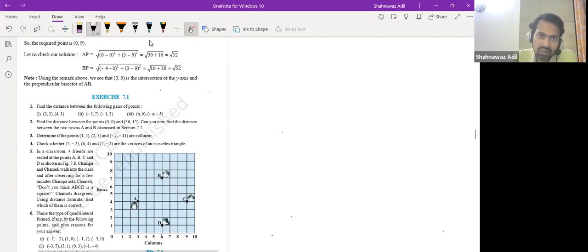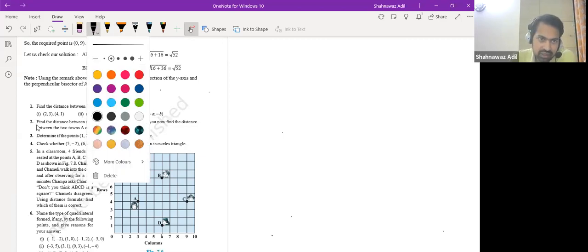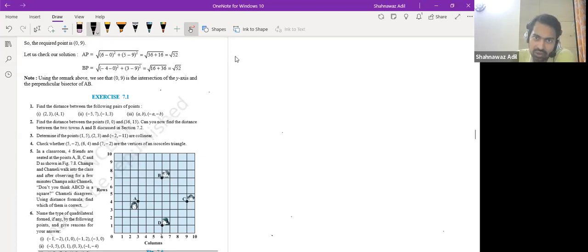Okay, so now let us do the first question. First is my turn, then the second is yours. So we have these two points, right? This is P, which is (2, 3), and this is Q, which is (4, 1).